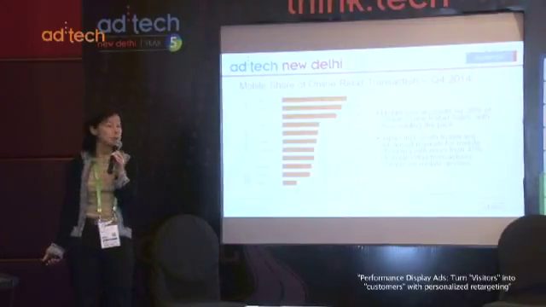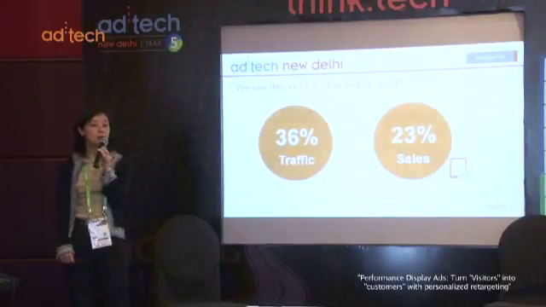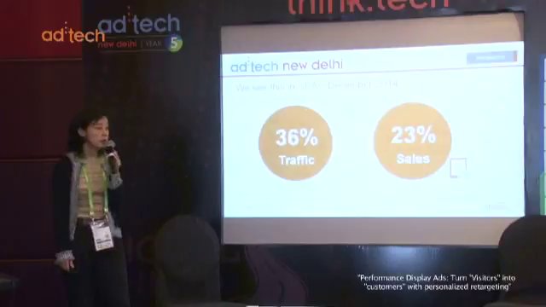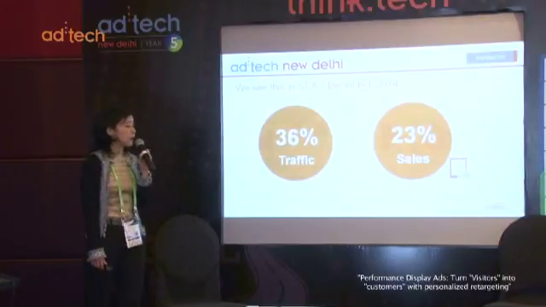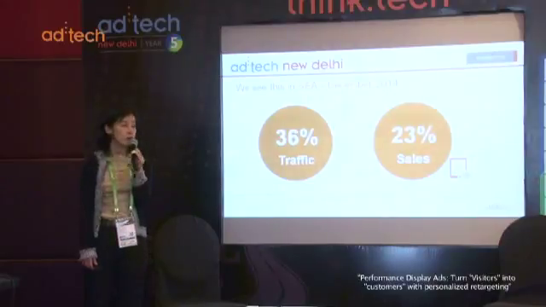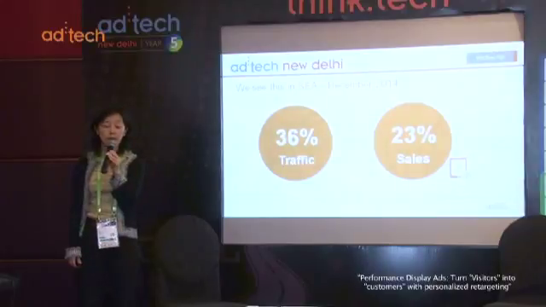And in India, I didn't break out India, but this Southeast Asia number includes India. So in this region today, 36% of the traffic is already coming from mobile, and about 23% of the sales is already happening on mobile.